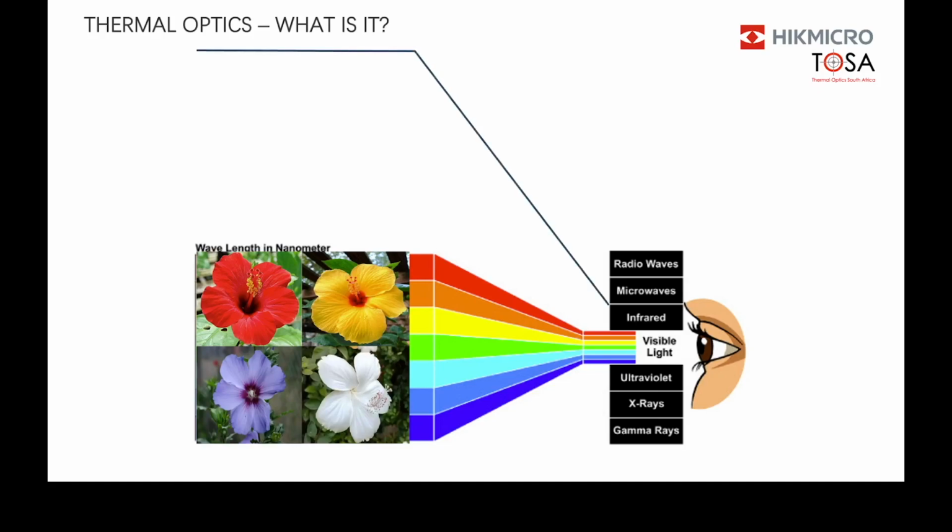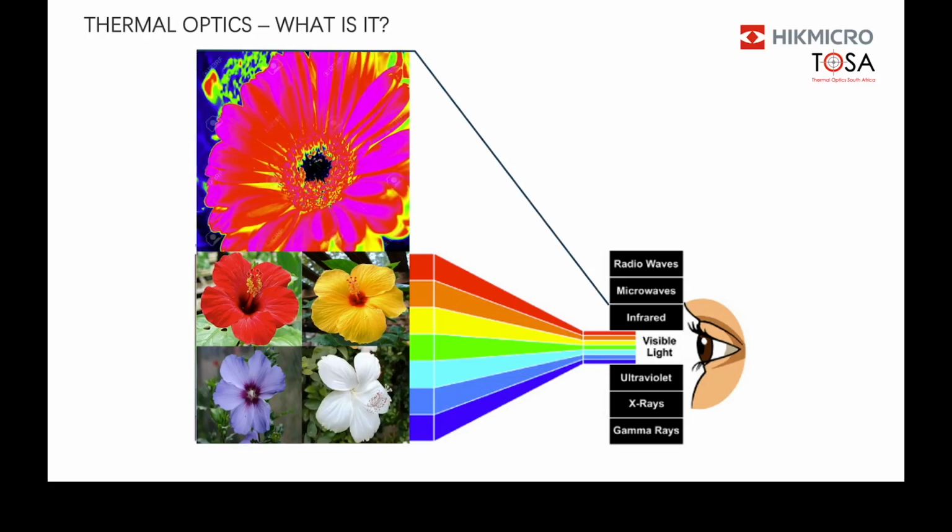Above the 700 nanometer range, we have the infrared light spectrum. Now you see another image of a flower. In this instance, it is actually heat, also known as infrared, or rather the heat manifests itself as infrared radiation.